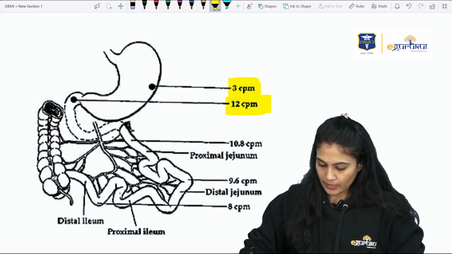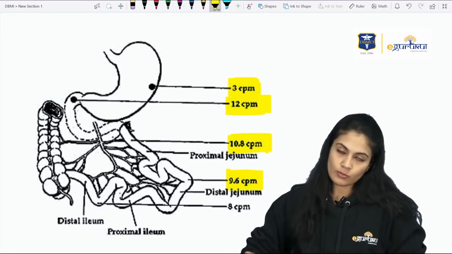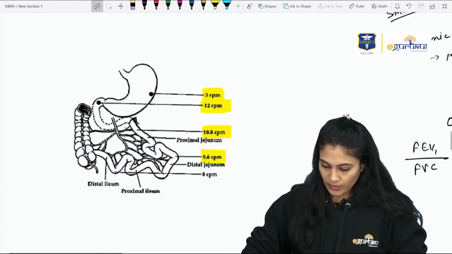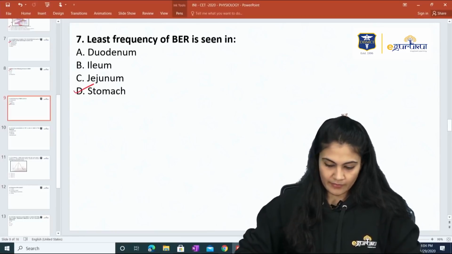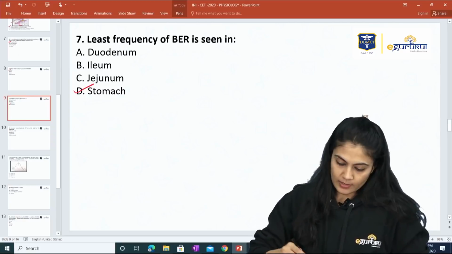The jejunum and ileum show 9 to 10 per minute. The rest shows a large range, 6 to 16, and 8 is shown over here. So we know that the stomach has the least BER, so the answer is option D.